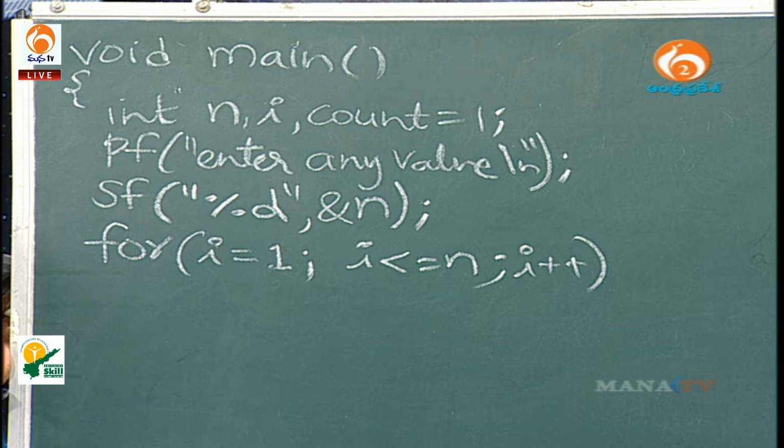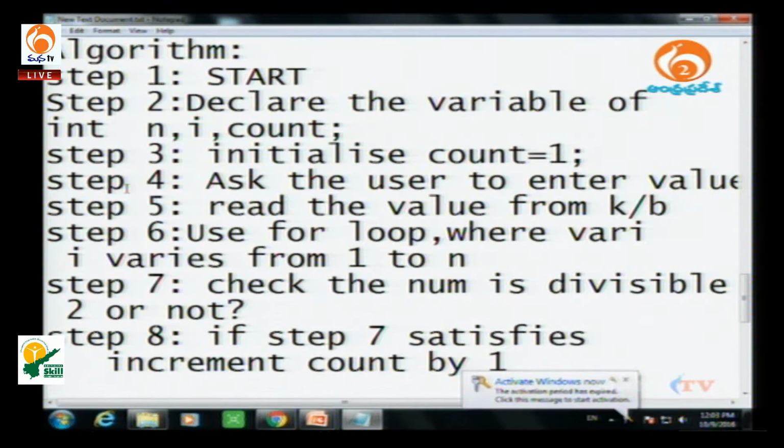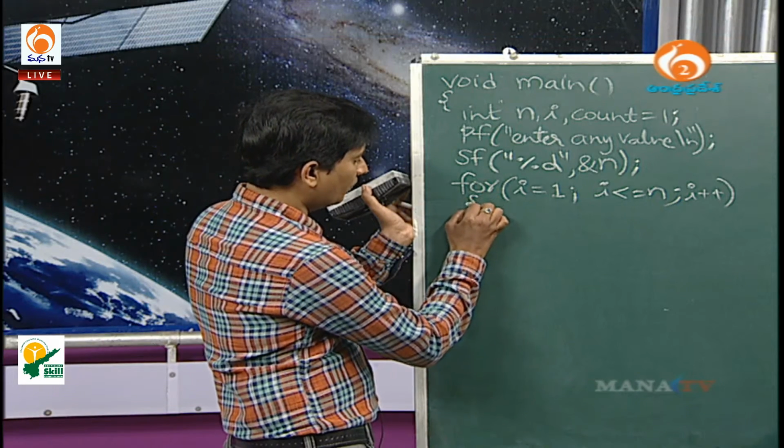Okay. Next, what is the next step? Step 7, check the number is divisible by 2 or not. So this is the body of the for loop.